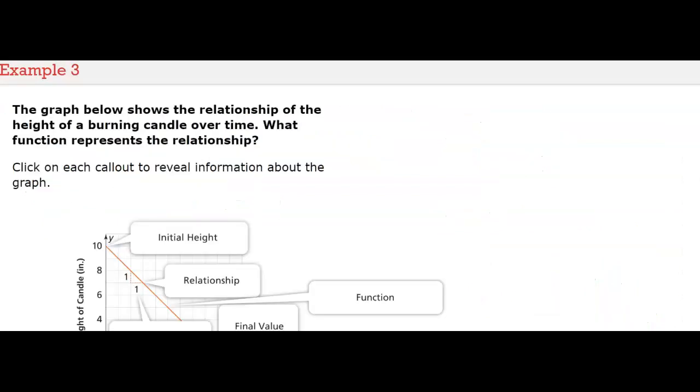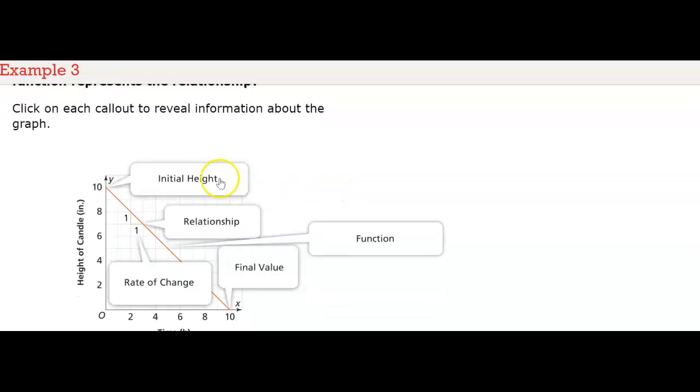The graph below shows the relationship of the height of a burning candle over time. What function represents the relationship? All right, so I'm going to click on each so you can see information about the graph. Here the initial height is 10 inches. The candle gets shorter as it burns, so the rate of change is 1 inch per hour.